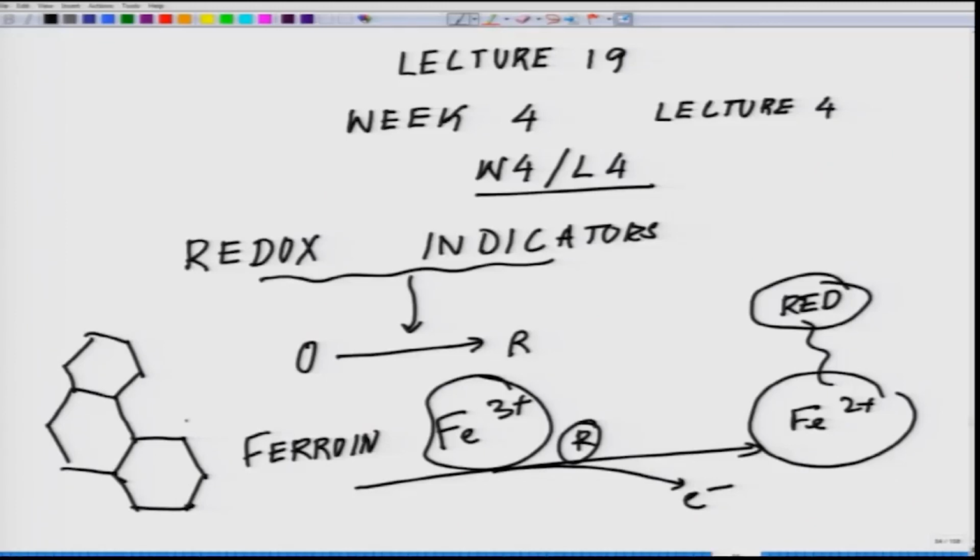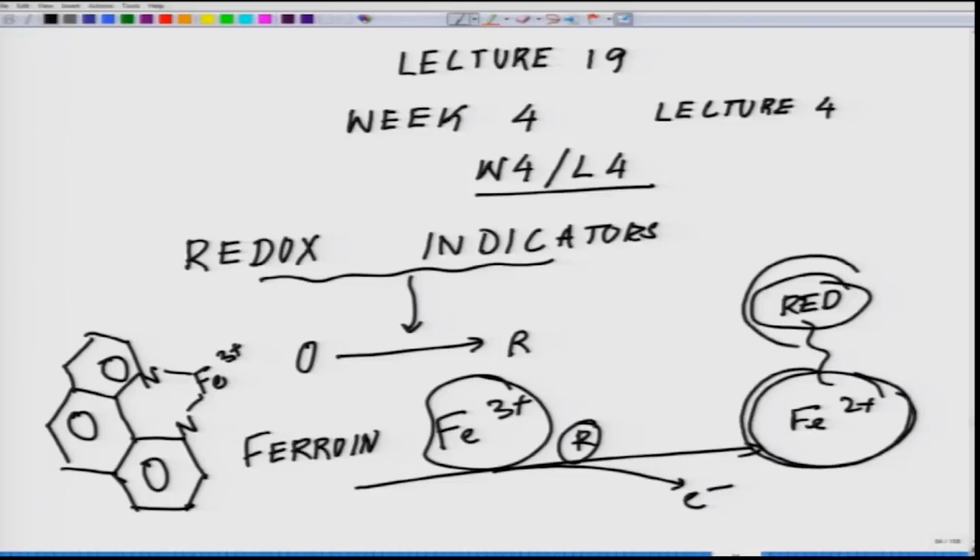Okay. So, you have a nitrogen out here, a nitrogen out here, you have iron 3 plus. This is what the ferroin molecule looks like, and as soon as it becomes Fe2+, it becomes red.